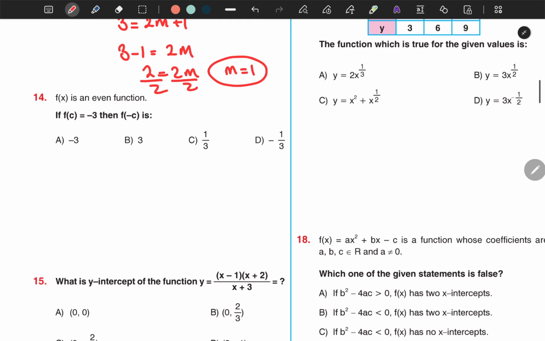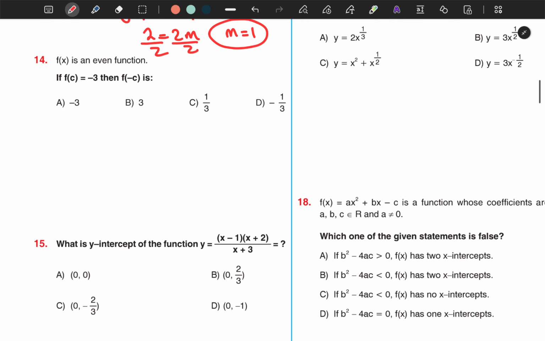Okay, guys, f of x is an even function. What was the rule of the even? You remember? Opposite x and same y. Isn't it? Opposite domain, same range. If it's f of x even, look at here.